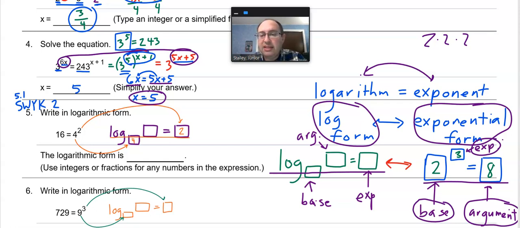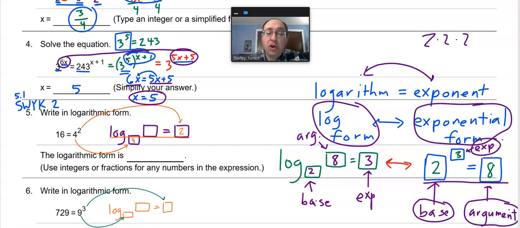So the only thing that's not at the same level as LOG is that little subscript. So let me get rid of that line so you can understand. The little subscript, that's the base. So that's 2. Since the word logarithm means exponent, that would put the 3 on the other side, which only leaves me with one box left, and that is the argument.